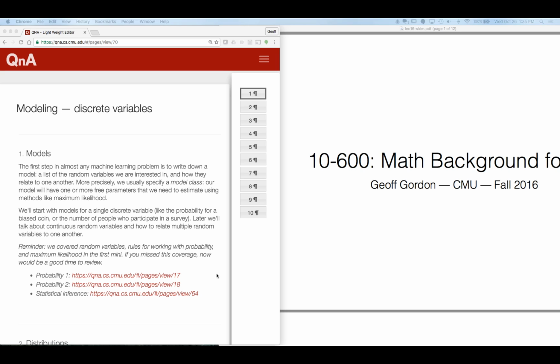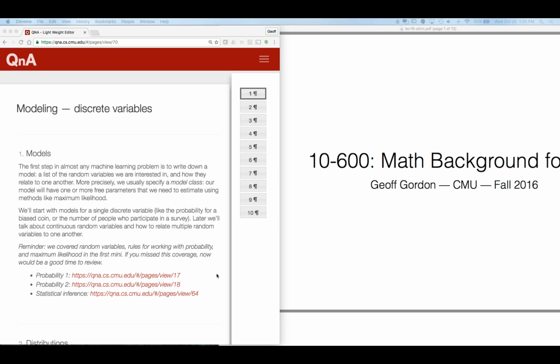So a model as a whole is basically a list of all of the random variables that we might be interested in, the ones we observe and other ones that might affect the ones that we observe, and a description of how they are related. And so the first step, of course, is to describe the individual random variables, and that's where we're going to start today.